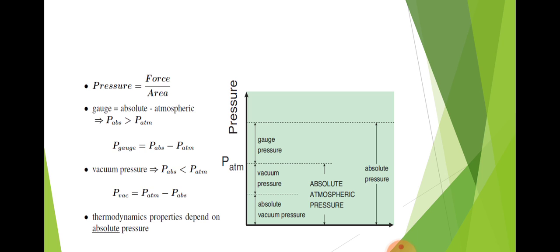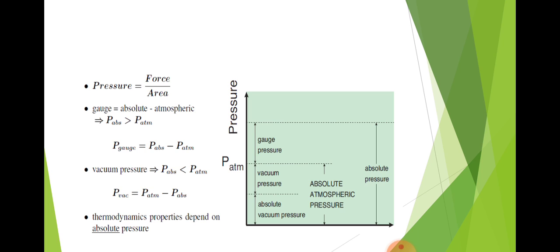For that purpose we assume the principle of working of a U-tube manometer measuring pressure above the atmospheric pressure. Consider one limb of the U-tube manometer open to the atmosphere and the other end connected to a vessel having a pressure more than atmospheric pressure.